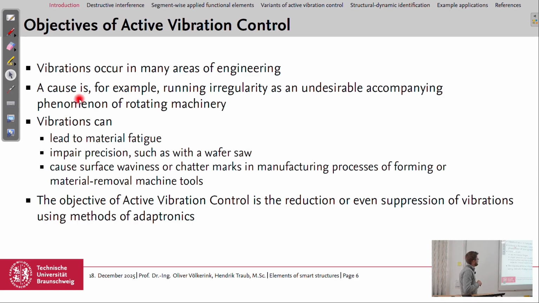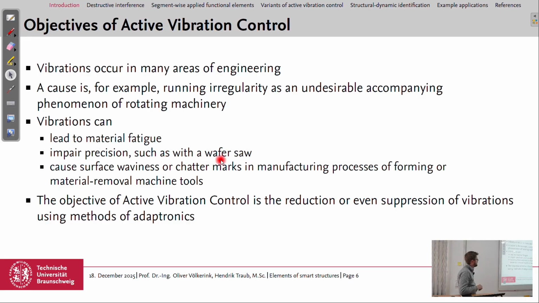Vibrations we have in many areas of engineering, and most of the time we don't want these vibrations, especially in rotating machinery, because they lead to material fatigue and impair precision.